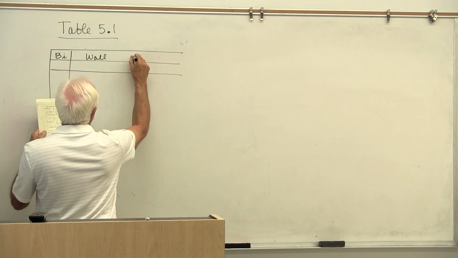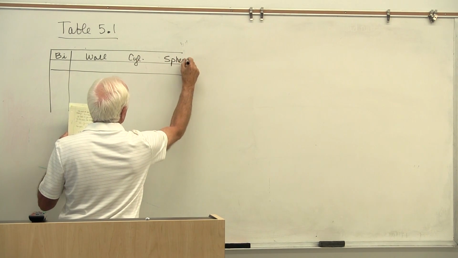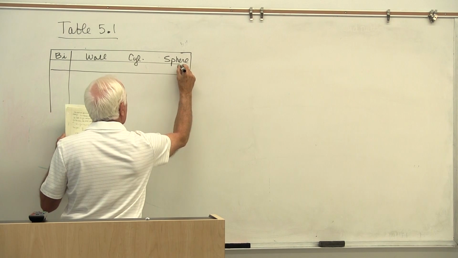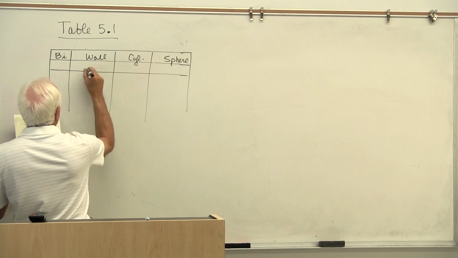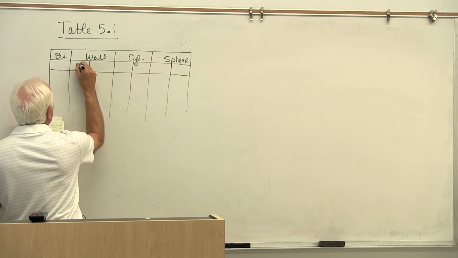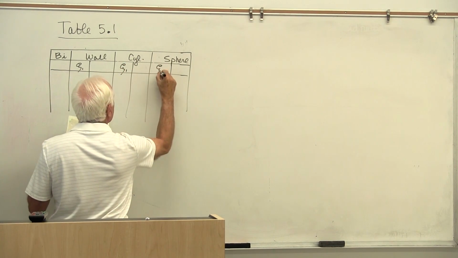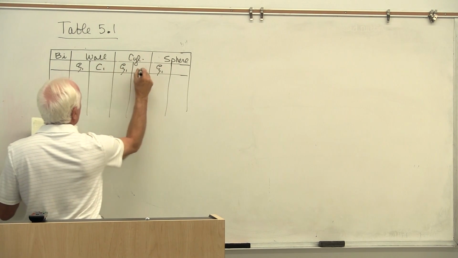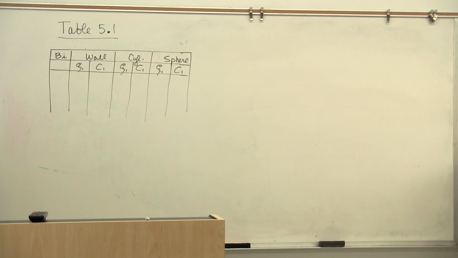Plain wall, long cylinder, and sphere. Each of them has a zeta 1 and a C1. So the C1 and the zeta 1 come from table 5.1.